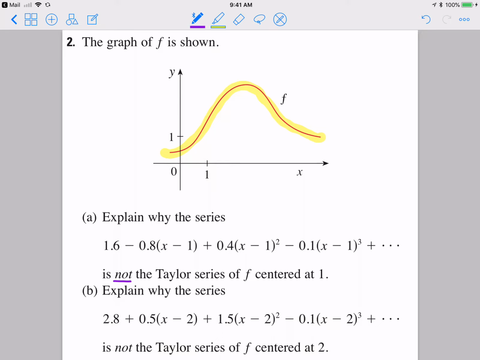And in order to figure this out, we need to look at the definition of the Taylor series of f centered at a point, say 1. So remember, what is the Taylor series of f centered at 1?